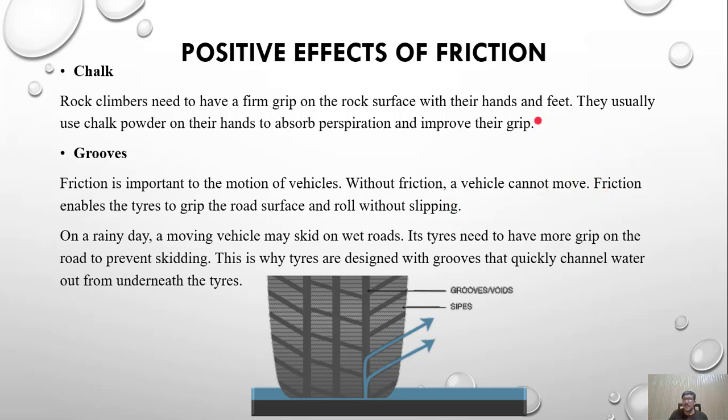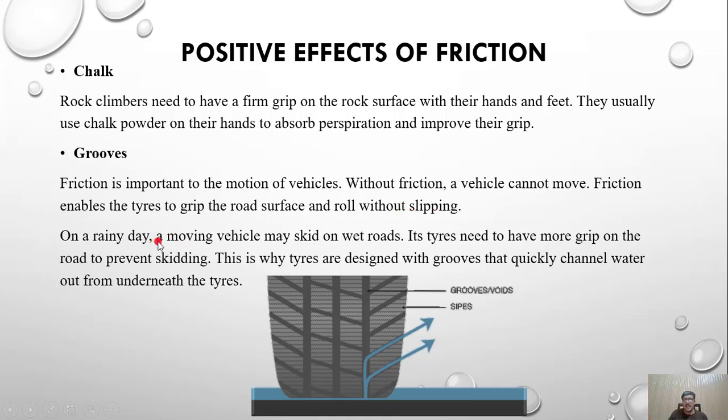So we need friction, which enables the tires to have a good grip with the road surface and roll without slipping. If friction is absent, then the surface is slippery. They will not roll properly. And if friction is present, it enables the tires to grip the road surface and roll without slipping.